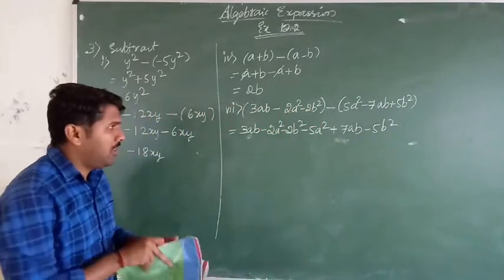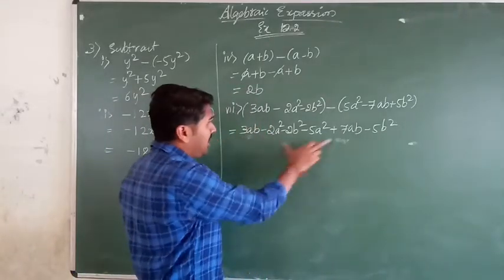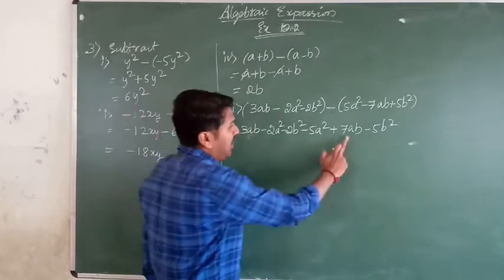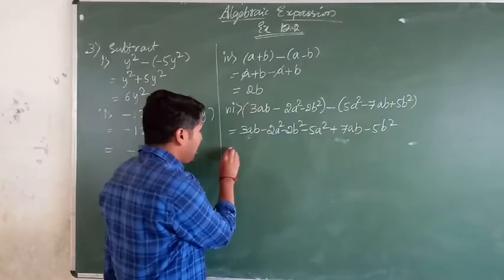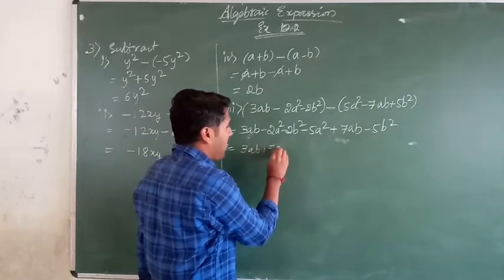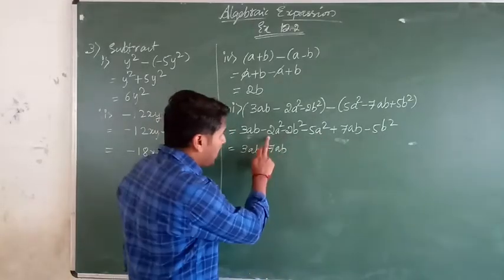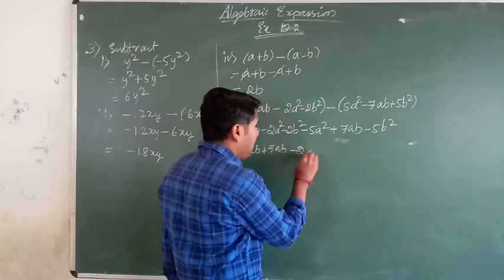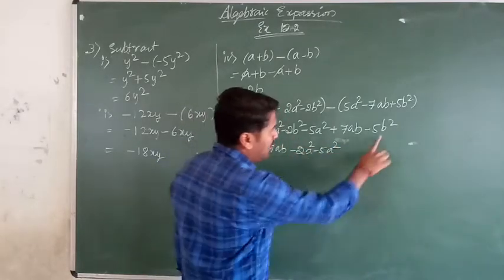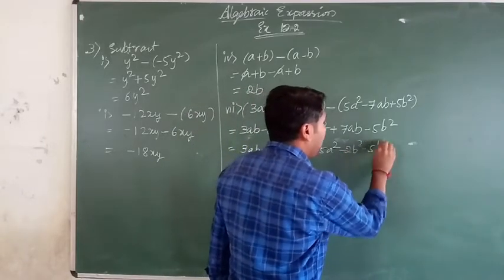Now the same algebraic expressions are there. First combine the ab terms, 3ab plus 7ab. Next a square, minus 2a square minus 5a square. Next b square, minus 2b square minus 5b square.